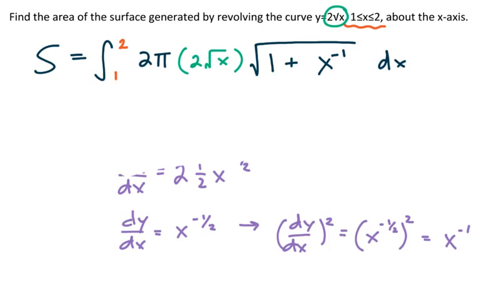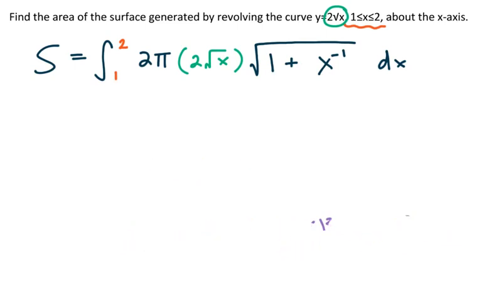And this is going to represent my surface area of the shape that will be created if I rotate 2 square root of x about the x-axis. Just before we get into our calculation, let's think about what this looks like. 2 times the square root of x is just going to be a taller square root function, from 1 to 2.